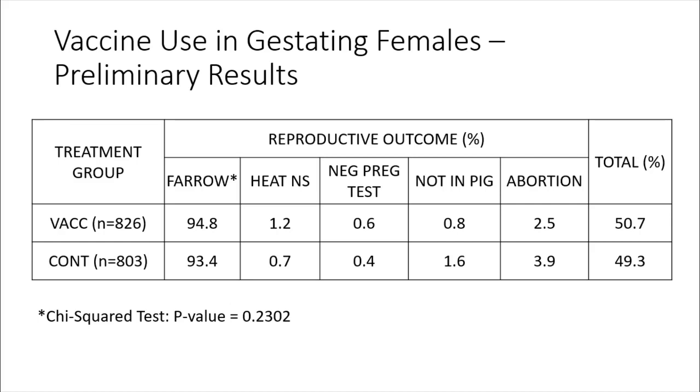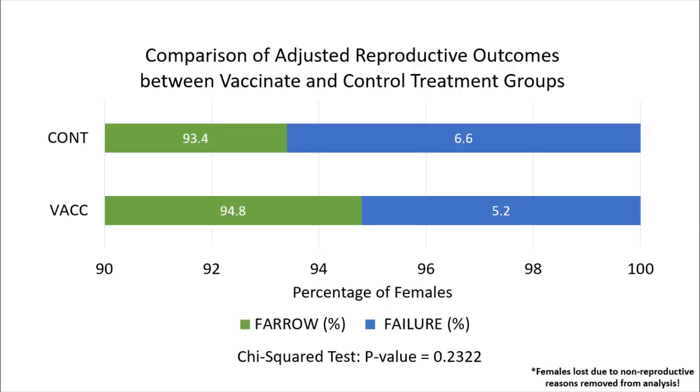What you'll see here, the results from that study, no significant results, no significant differences in reproductive outcome, but you do see numerical differences, potentially underpowered here. So if we had had more sows to add to the study, we potentially would have seen different results. I will also note that during the time of this study, the herd broke with Delta coronavirus and then also PED, so that could have impacted our results as well.